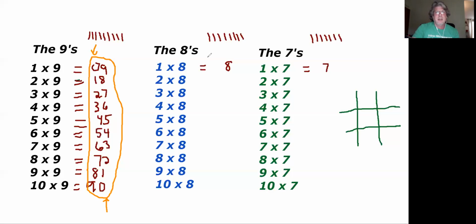Looking at the 8s, it's kind of similar to the 9s. It's not quite as obvious, but it can be modeled. So again, 1 eight was 8, and then 2 eights would be 8, then 9, 10, 11, 12, 13, 14, 15, 16.